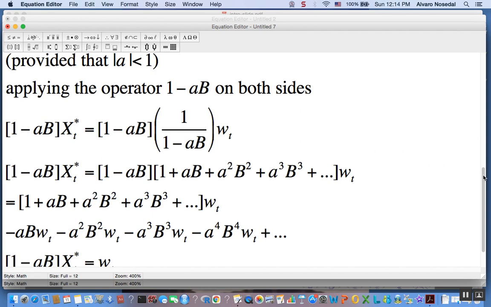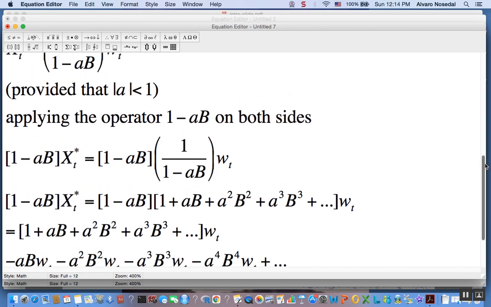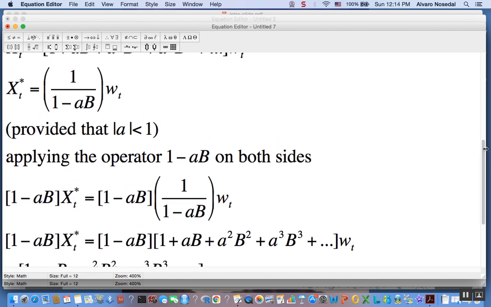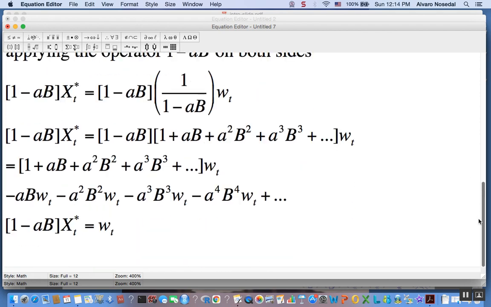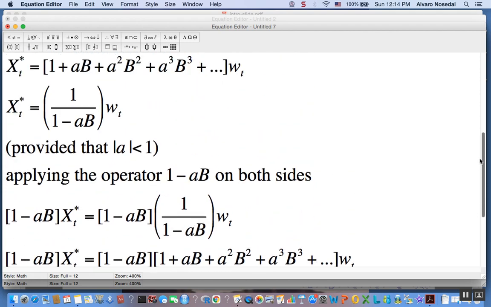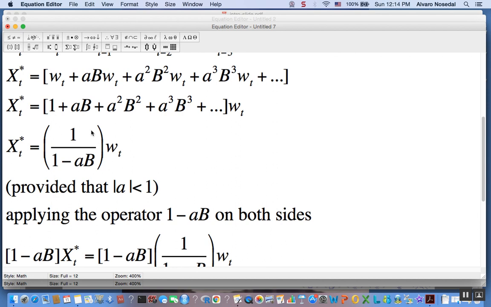But now it has these amazing properties that these operators have inverses. Can you see that we went from this, and then what we did is multiply by its reciprocal, if you will, and then we end up with only WT on the right-hand side.